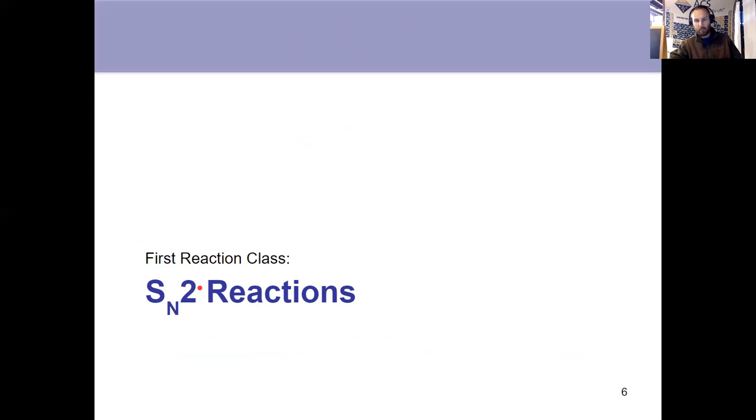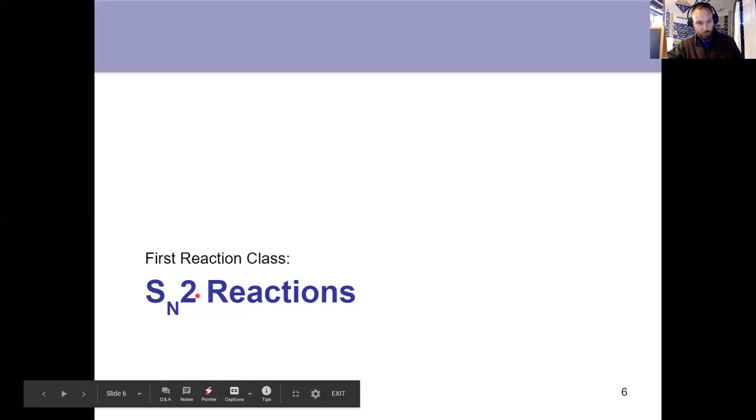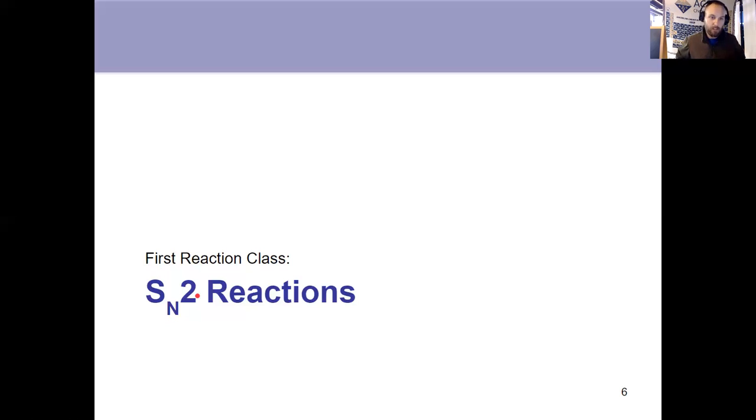Bimolecular means there's 2 molecules that are involved in the transition state in the rate determining step. So substitution, nucleophilic, bimolecular. The other type that we'll get later is SN1, substitution, nucleophilic, unimolecular. So SN2, let's see what that means.